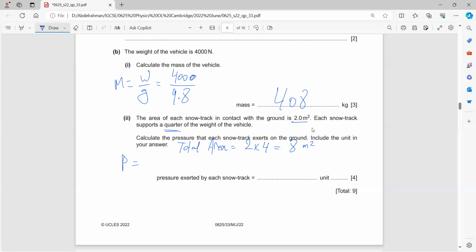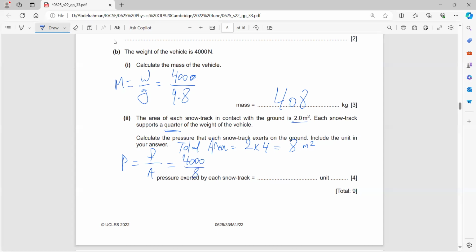Pressure equals force over area. The total force now is what? Not 408, it's 4000, the weight. So 4000 divided by 8.